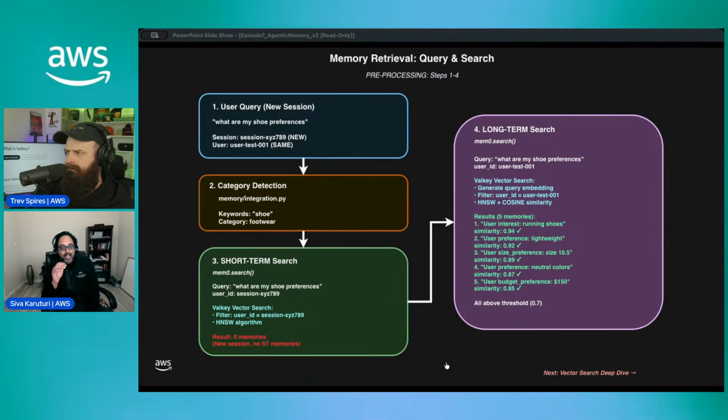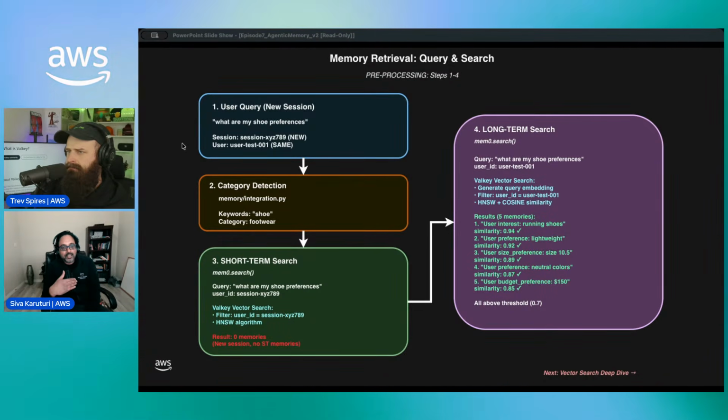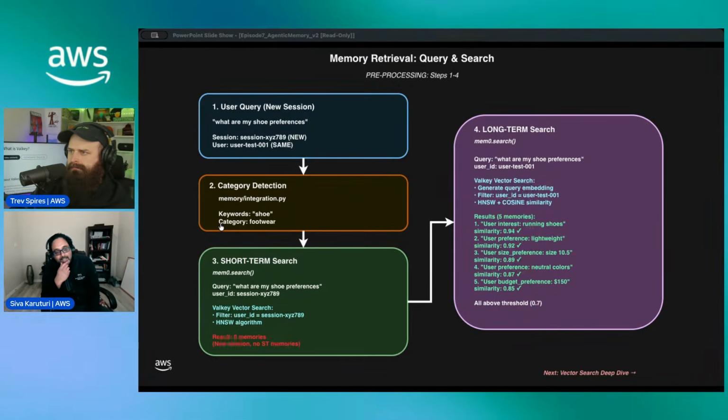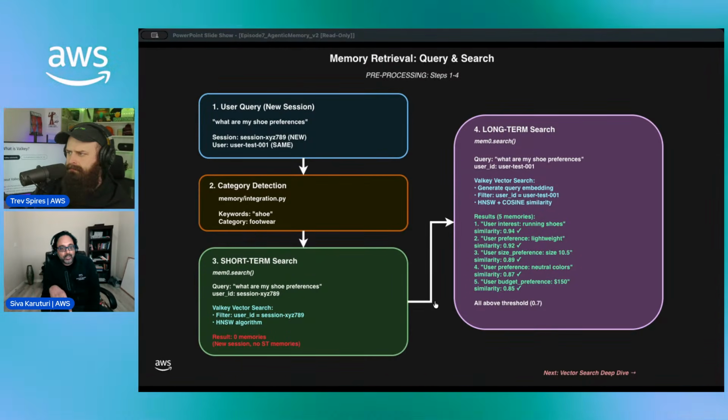Now you start conversing, and you say, what are my shoe preferences? If the chatbot is smart enough, it has memory stored for you. The first thing it is going to do is say, okay, it's asking for shoe preferences, so I need to go and retrieve all the memories.